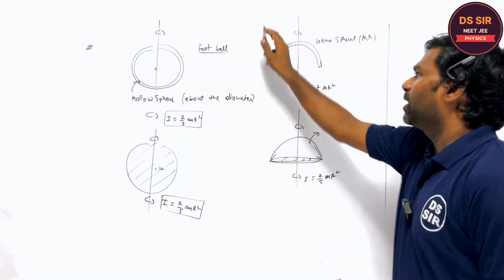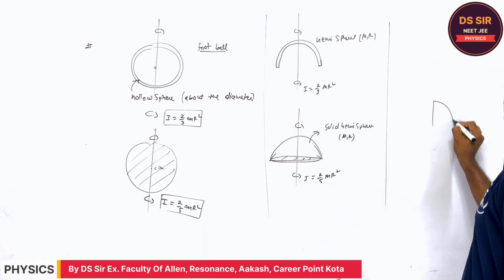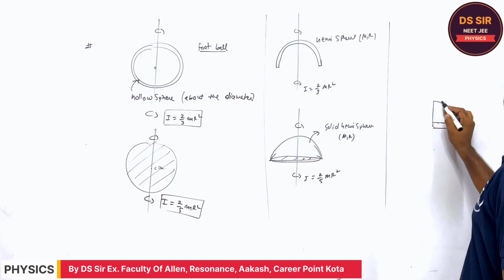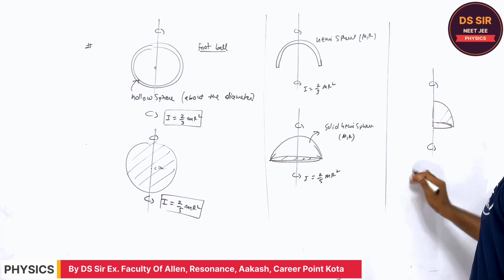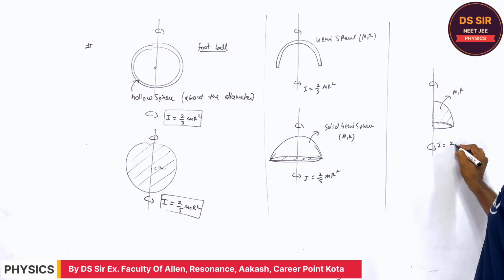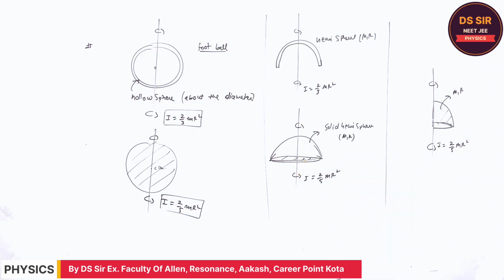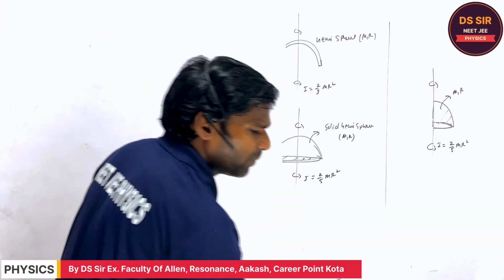Even if it is a 1/4 of the hemisphere, like this, with mass m and radius r, the moment of inertia does not change, 2/5 mr square. Copy this. This is the moment of inertia you have to remember.